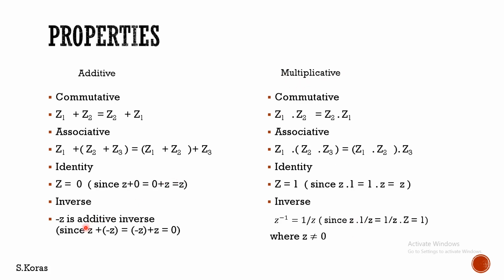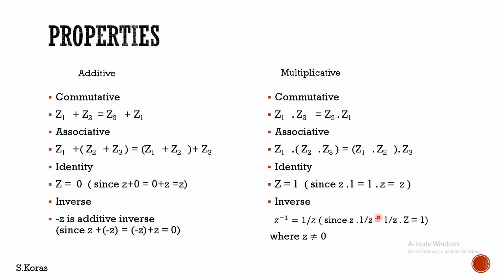If z is the complex number, then its inverse is minus z under addition. Here in multiplication, if the complex number is z, then its inverse is 1 by z. Hence, if you see, the z comes in the denominator. So you must be very careful while doing inverse for multiplication.